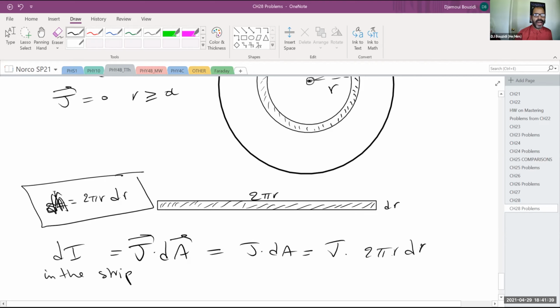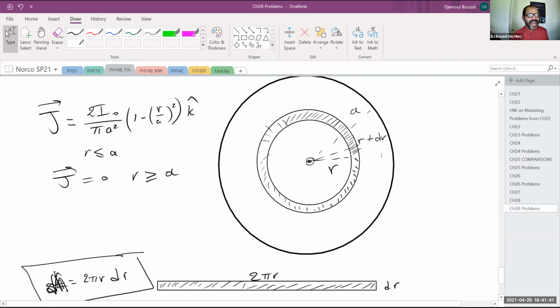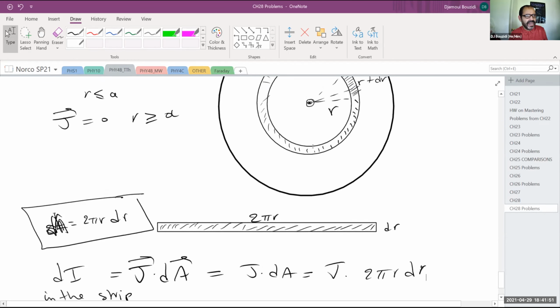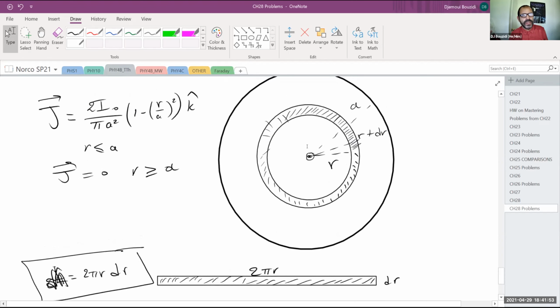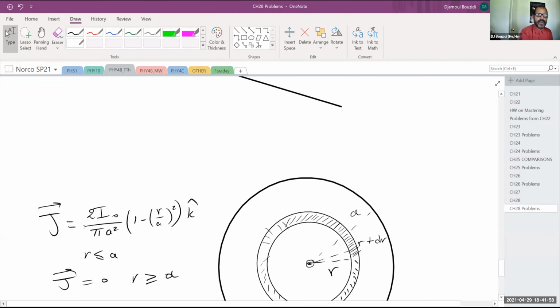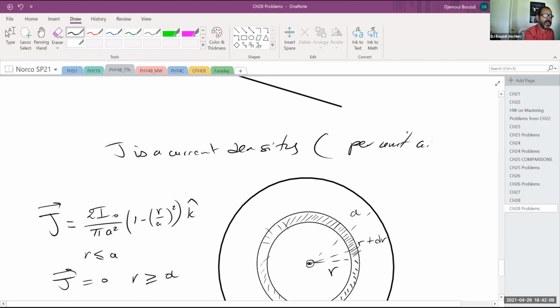If r changes from 0 to big A, then I have swept the entire disk and found the entire current, because this is just a dI and I need the entire current. J is a current density, which means current per unit area, as we saw way back in chapter 25.